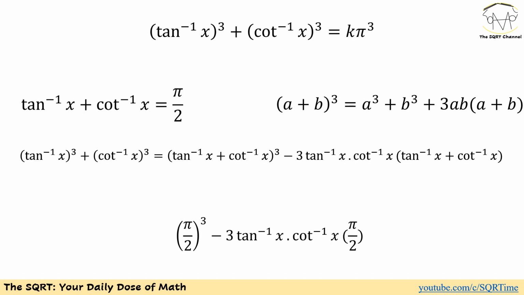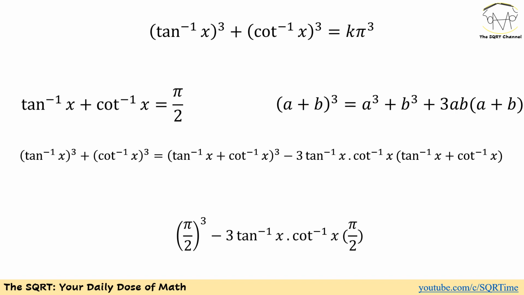Now let's start by simplifying the problem. We are going to write the cube of inverse tangent of x plus the cube of inverse cotangent of x as the cube of the sum of inverse tangent of x and inverse cotangent of x, minus 3 times inverse tangent of x times inverse cotangent of x times the sum of inverse tangent of x and inverse cotangent of x.